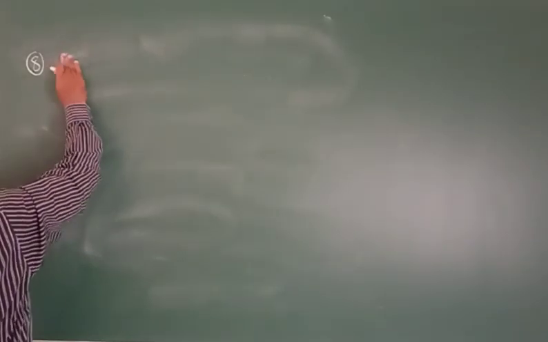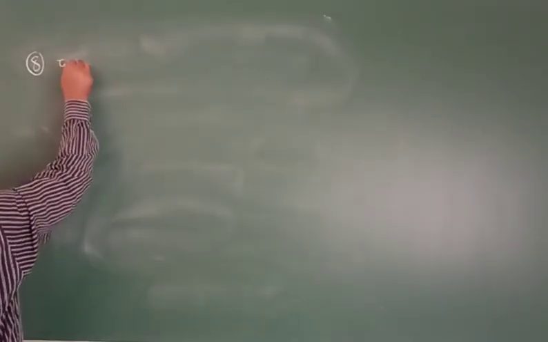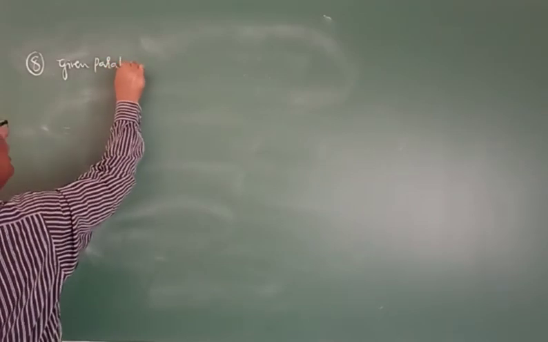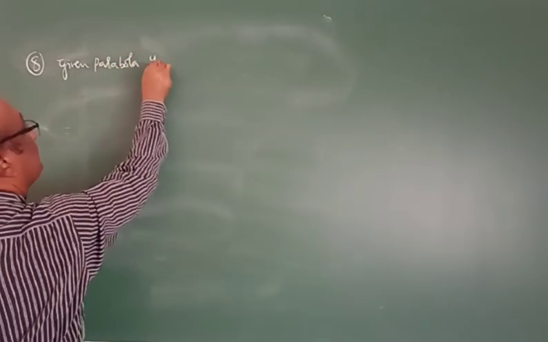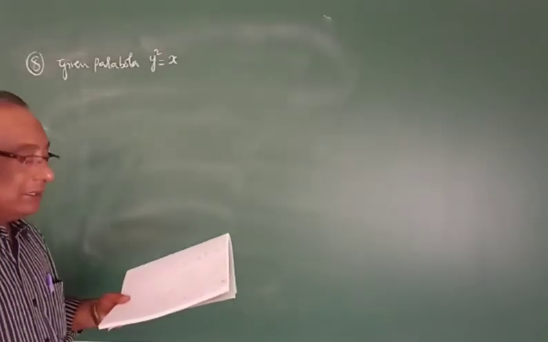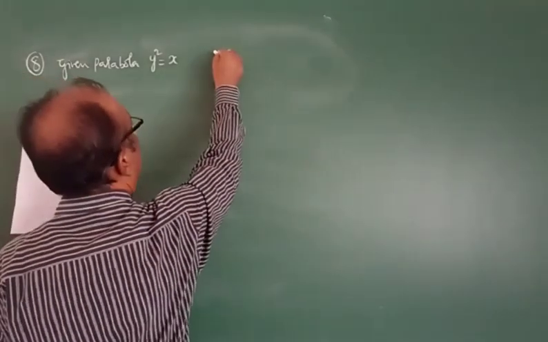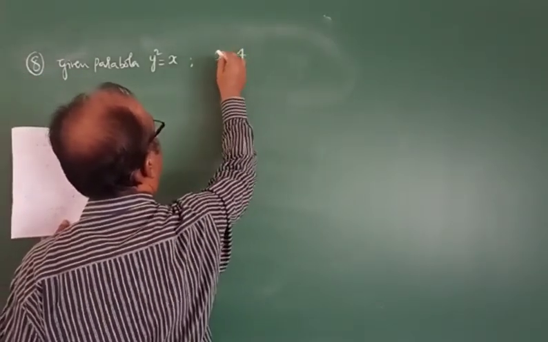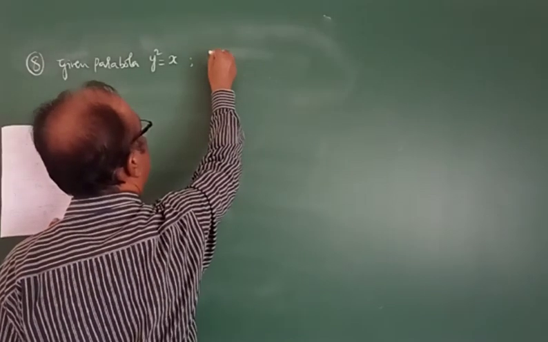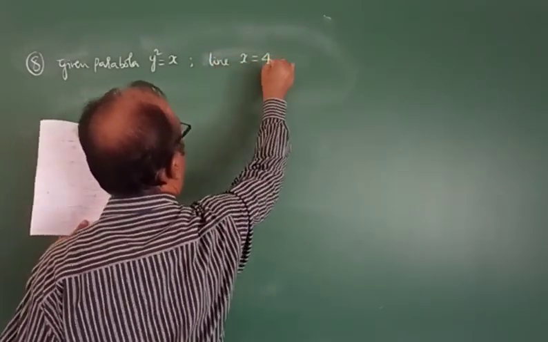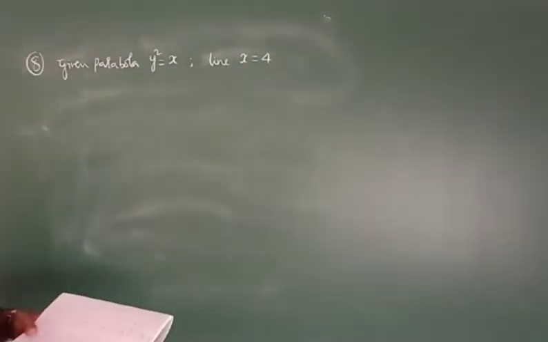Given parabola y square is equal to x. One equation is completed. Next, the line is also given, x is equal to 4. Line x is equal to 4 is given, right?